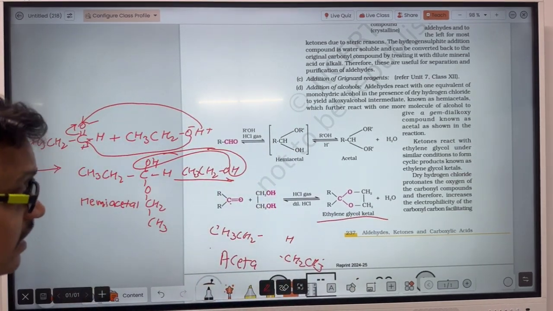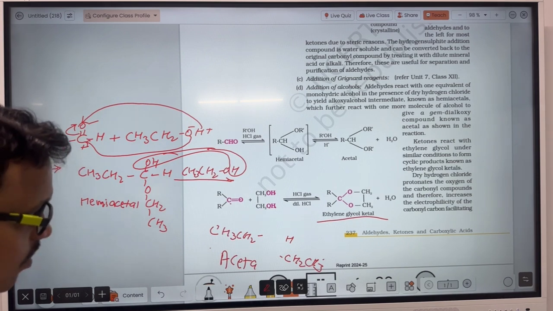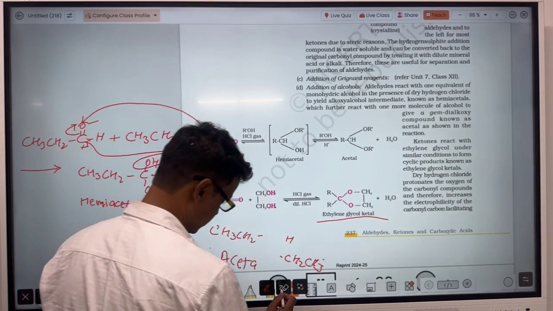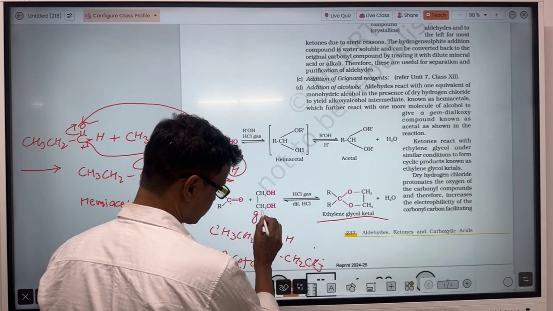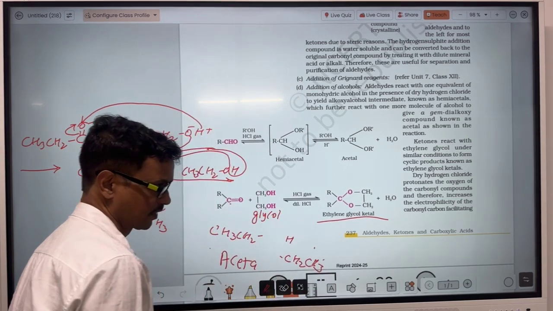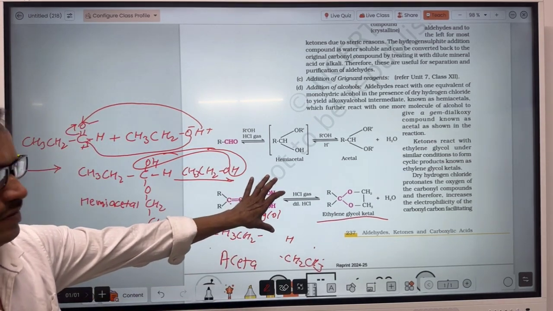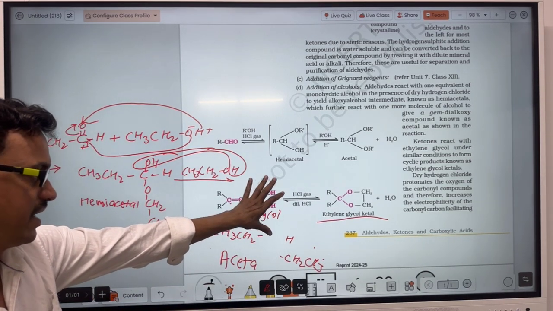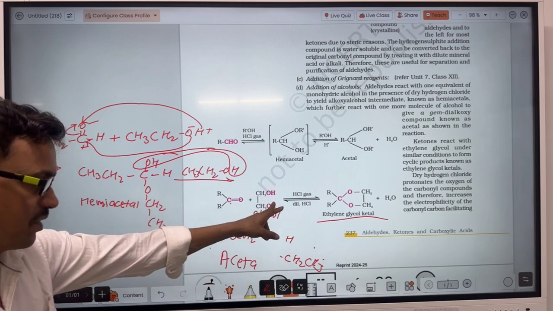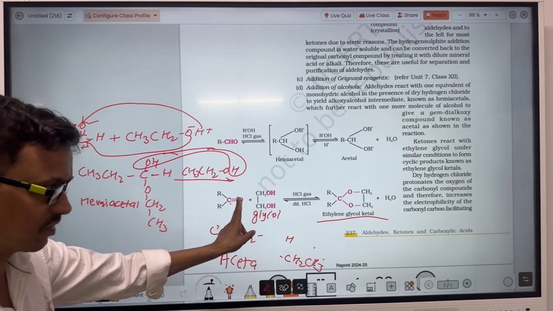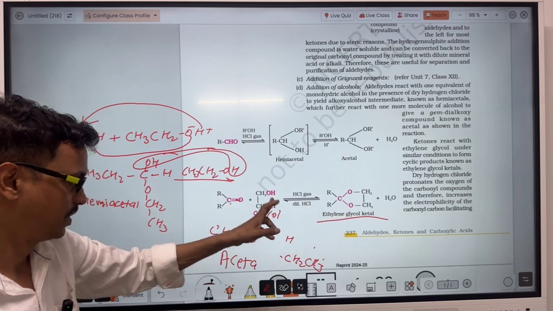It is a type of ketal, and here it is the common name, not the IUPAC name: ethylene glycol ketal. The compound in which the two OH groups are bonded to adjacent carbon atoms is called glycol. So the hydrogen of this OH and the hydrogen of this OH combine to this oxygen and form H2O.